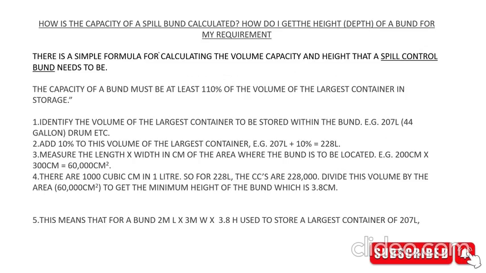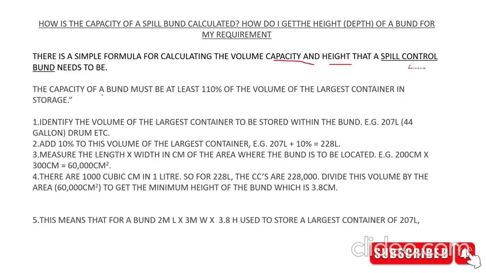How is the capacity of the steel bund calculated? How do I get the height or depth of the bund for my requirements? There is a simple formula for calculating the volume, capacity and height that a spillage control bund needs to be.